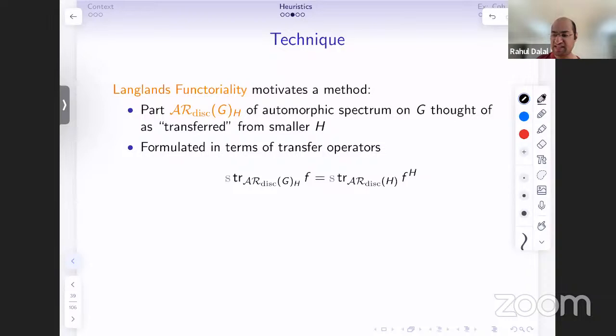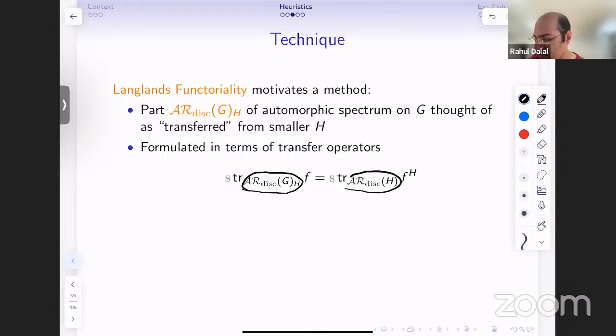Basically, if you take a function on the automorphic spectrum of G, the part that's coming from H, and we look at the convolution operator, as in the previous talk, and take the trace against that convolution operator on this part coming from H, we should be able to compute it as a trace against something that's actually on H. So there should be some way to turn this function f into a function f upper H, and that should be dual to this transfer from the automorphic spectrum of H to the part of the automorphic spectrum of G that comes from H.